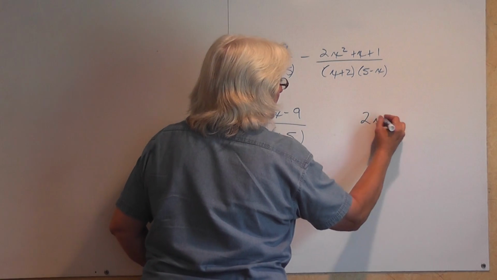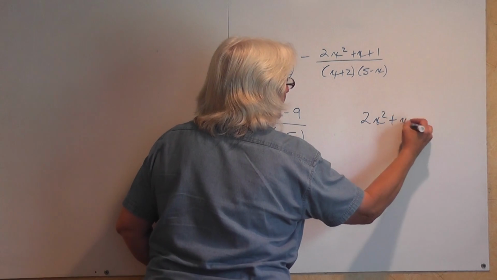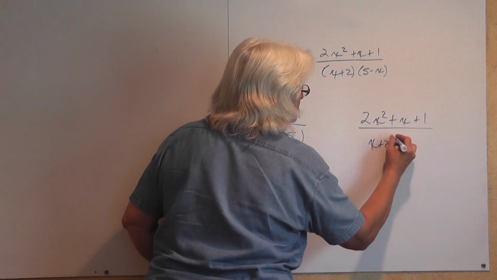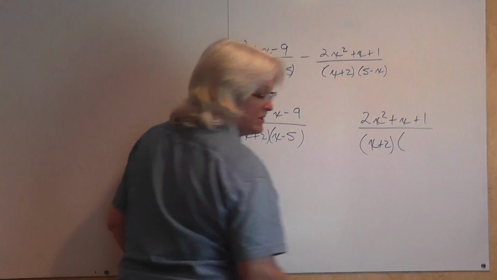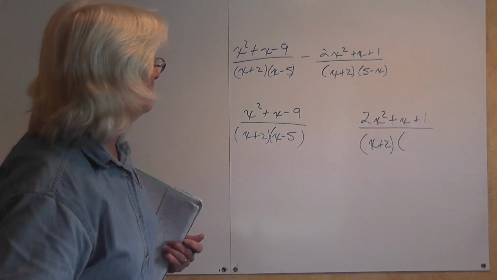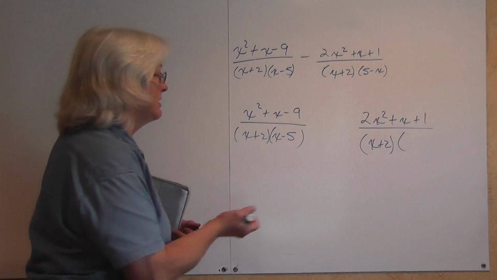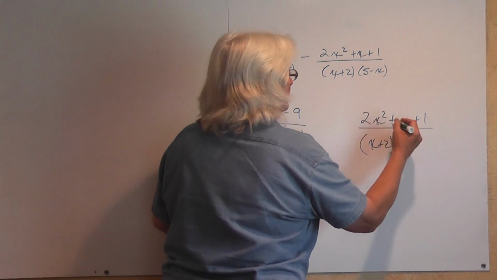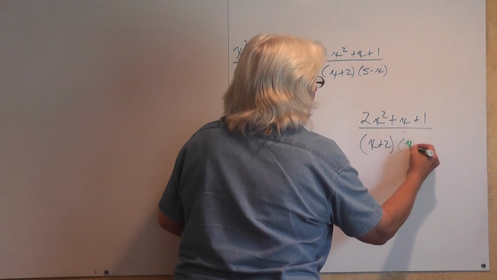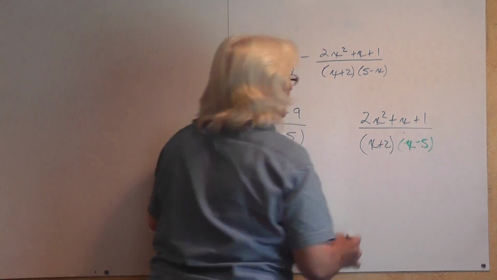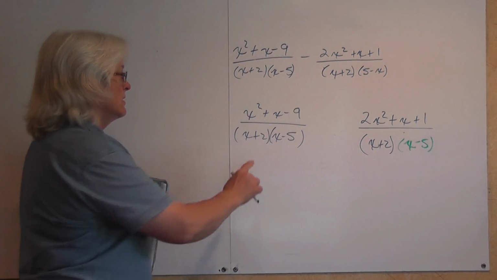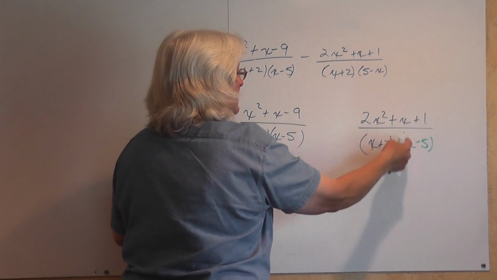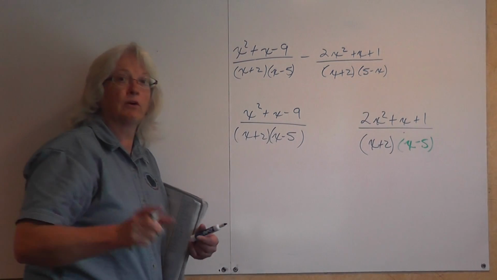We have 2x squared plus x plus 1, all of this over x plus 2. Now we're going to change this factor here to the opposite, and we're going to have x minus 5. These here don't have the same value, they're opposites.